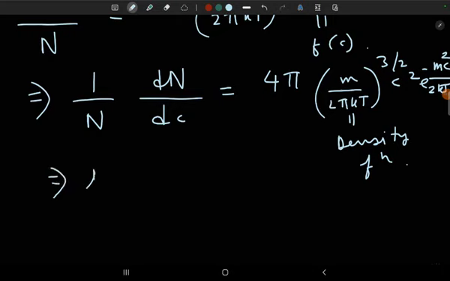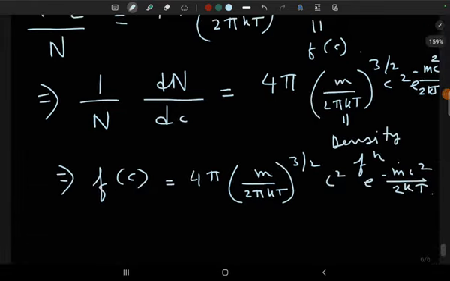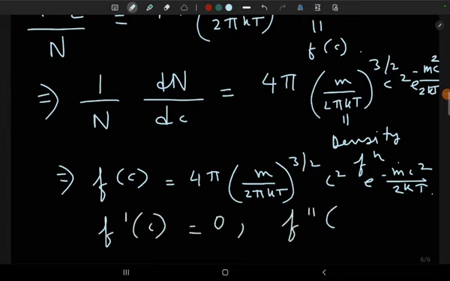If we call this f(c) as 4 pi m by 2 pi kt whole to the power 3 by 2 c squared e to the power minus mc squared by 2 kt, what we need to do is just differentiate this function, put it equal to 0, differentiate this function again a second time, and say that this is less than 0. Can we do that easily?